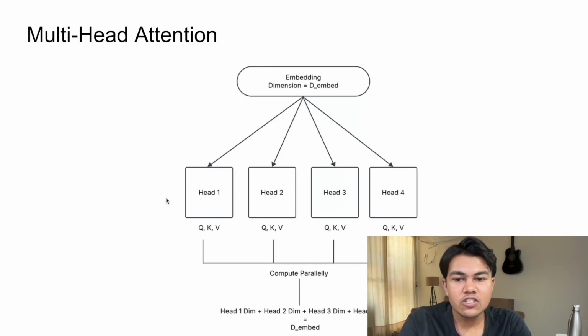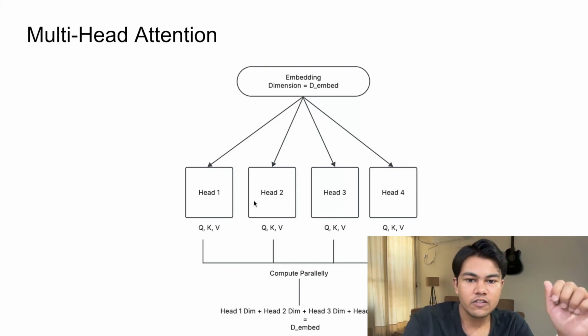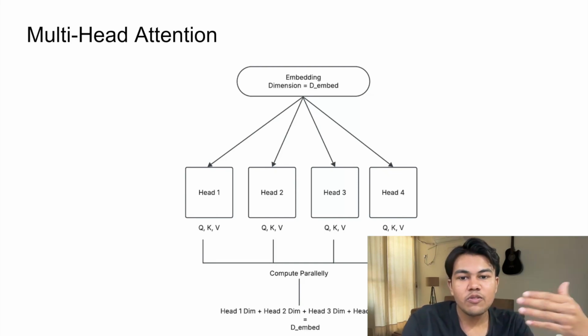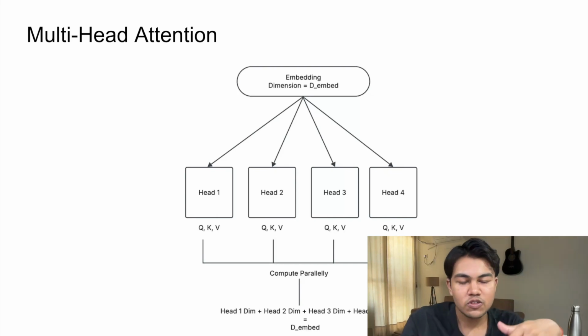Each head will have a different perspective, with more parameters. That's how you make the model more complex, with more different complexity, which contributes to better outputs.